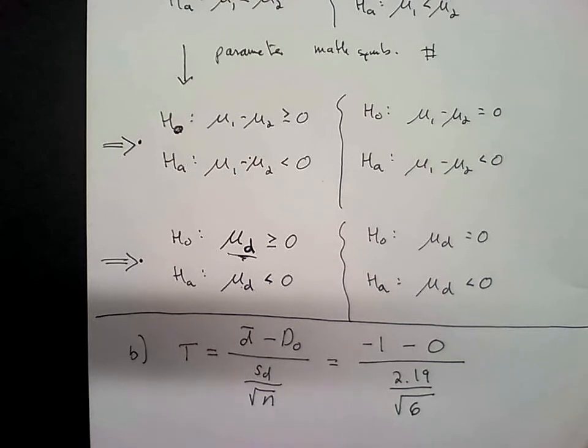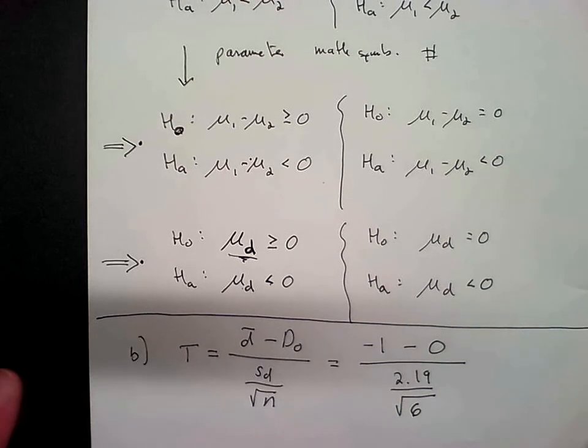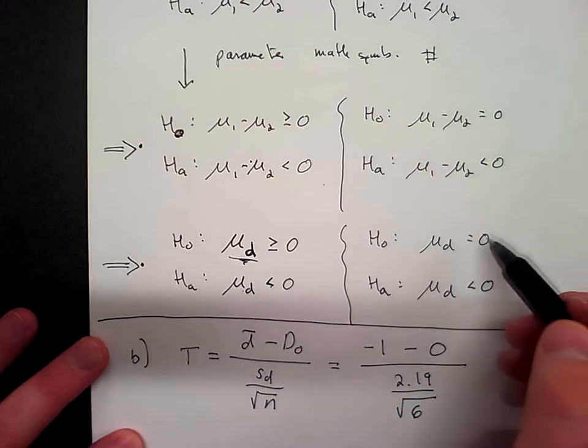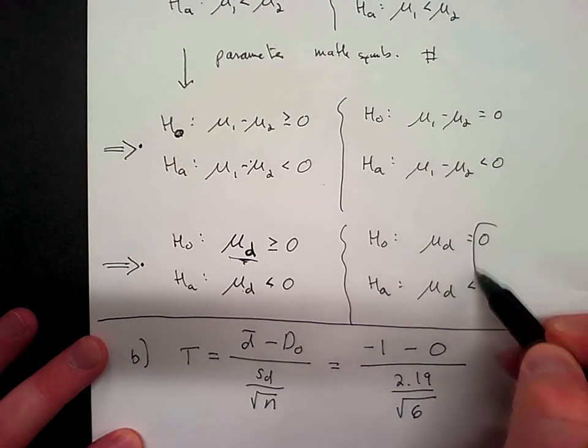So chances are that if you use d naught being equal to 0, chances are you're going to be okay on the past common final exam as well. Yeah, exactly. So if you're just like, oh, I have no idea what d naught is on the final exam, put 0 down, chances are you're going to get it right. But what we're talking about here is the hypothesized difference between these two values.